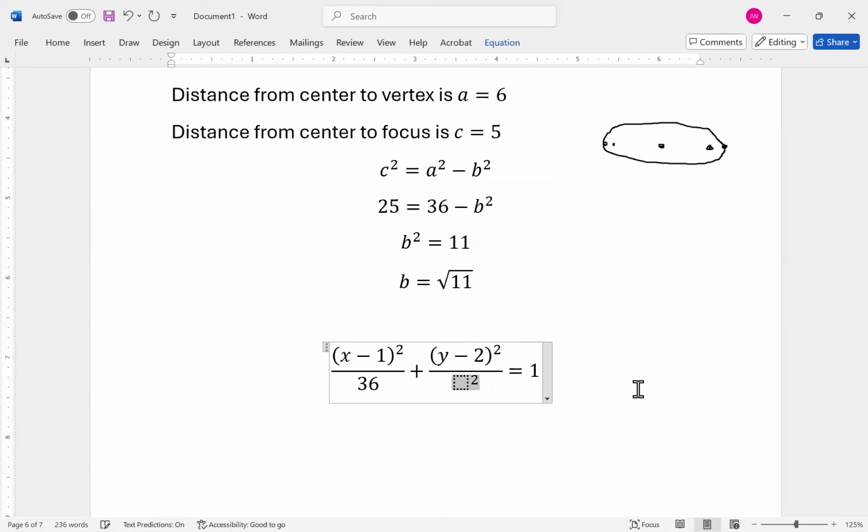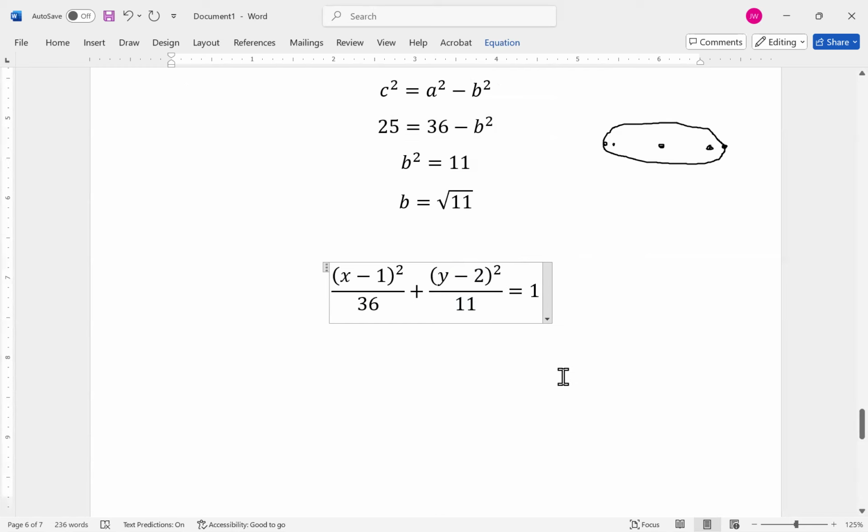Now my b squared is 11. My b is square root of 11, so b squared is 11. Be careful on that, b versus b squared in this case. And that's it. That's the equation of the ellipse that I was looking for. X minus 1 squared divided by 36 plus y minus 2 squared divided by 11 is equal to 1.